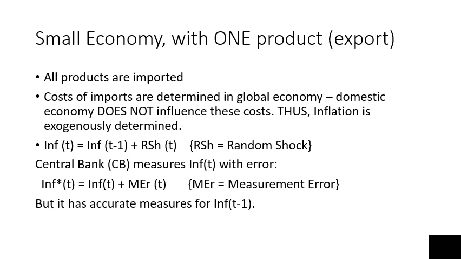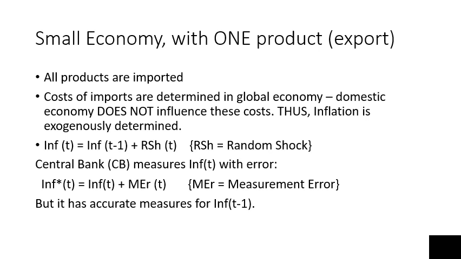What this means is that the costs of imports are determined in the global market, which is not affected by the local small economy. So basically the prices of the goods are exogenous, and that means that the inflation is determined by the global economy and not under the control of the domestic economy.